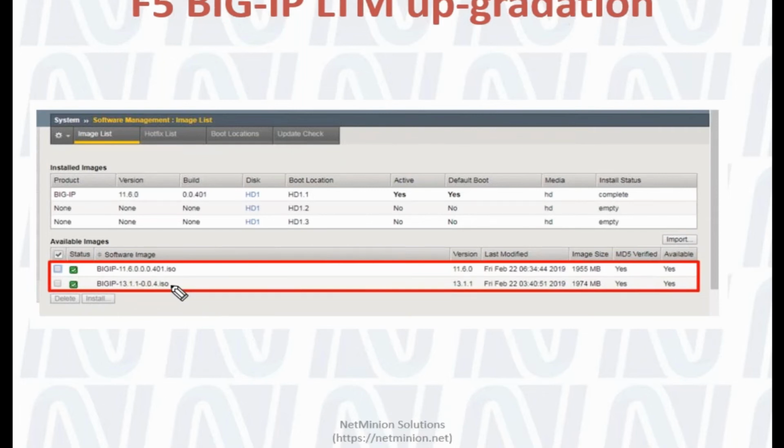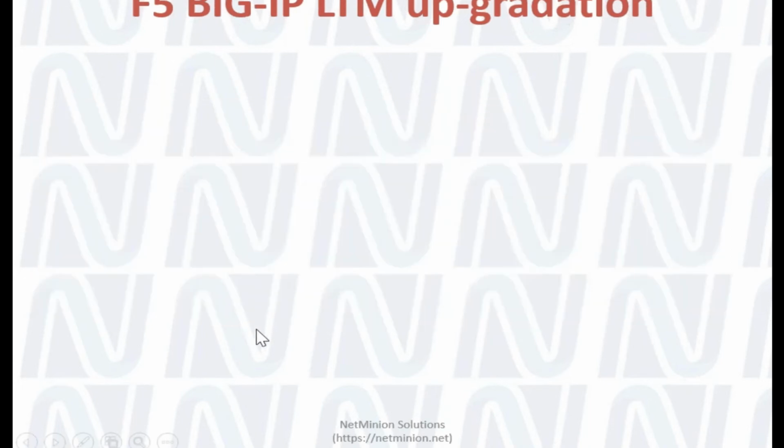The next step is you need to put this image. These are the images available under your directory. You need to put it into some kind of disk, hard disk or boot location, such as HD1.1, HD1.2, HD1.3. It can be 2.1, it can be 2.2, depending on your environment and your space. So the next point is you need to select the image and set into which boot location you need to send it. This is your second point.